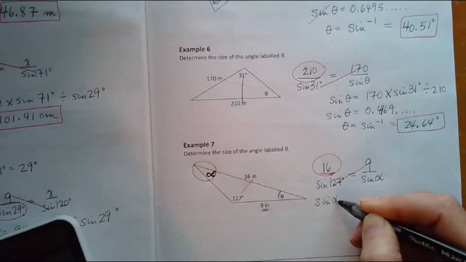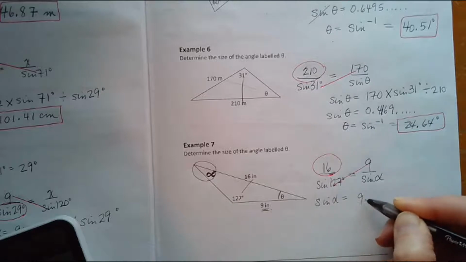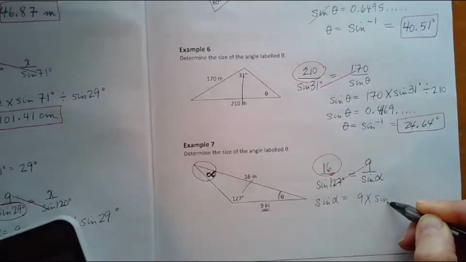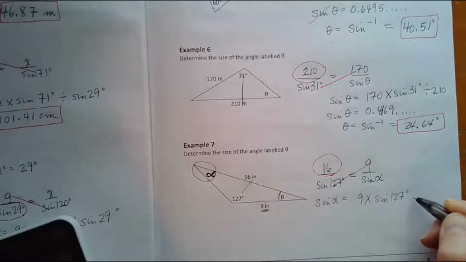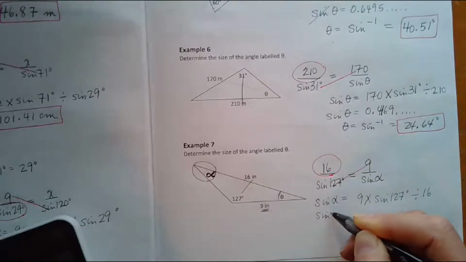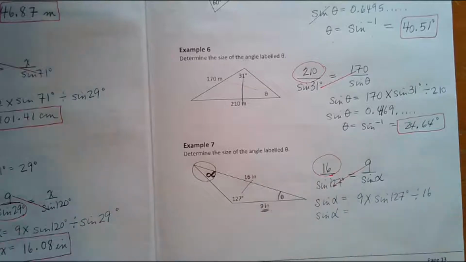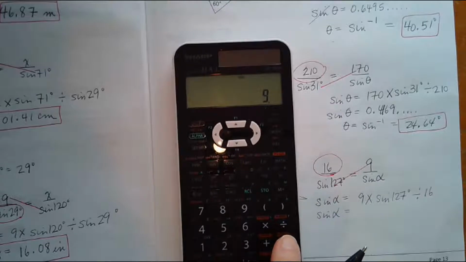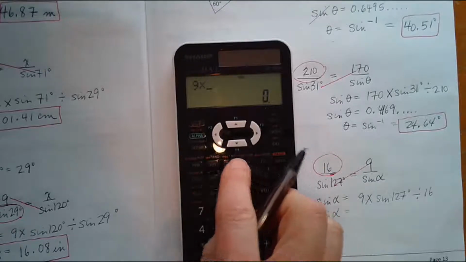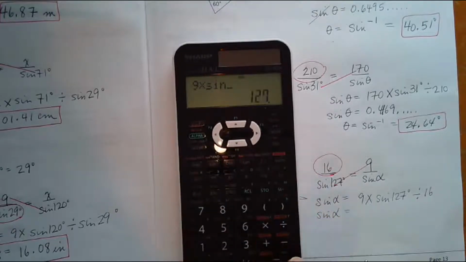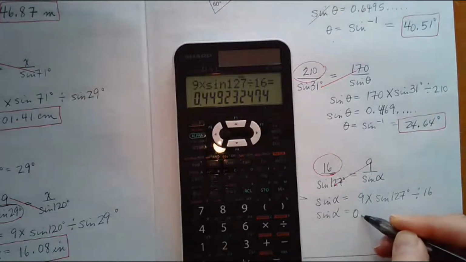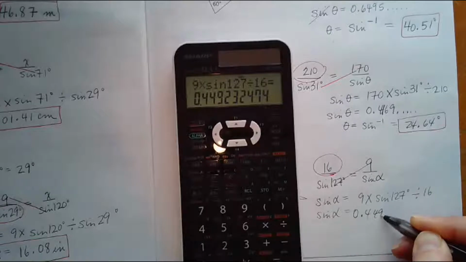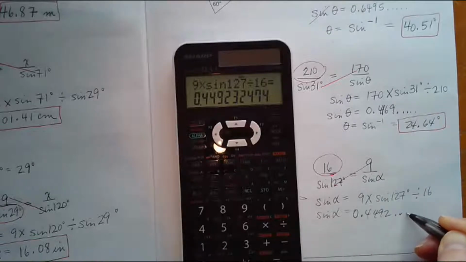Sine of alpha equals 9 times sine 127 divided by 16. I'm still going to get some weird decimal answer, right? Always when I solve for sines, I'm going to get a very small decimal number. And sure enough, I get 0.4492 dot dot dot.